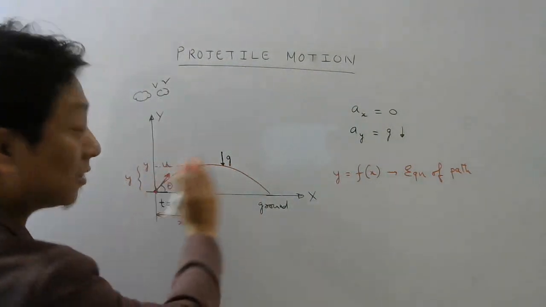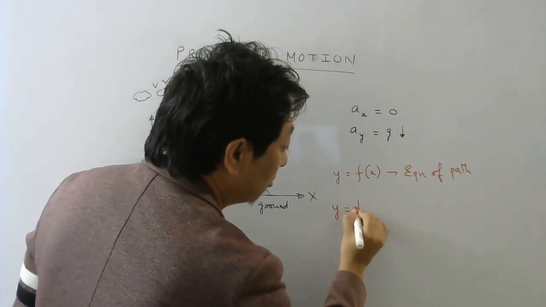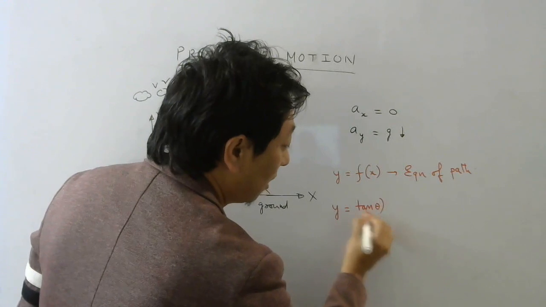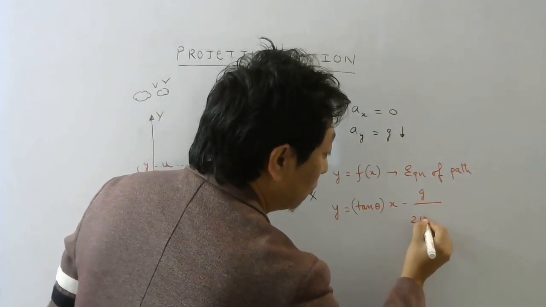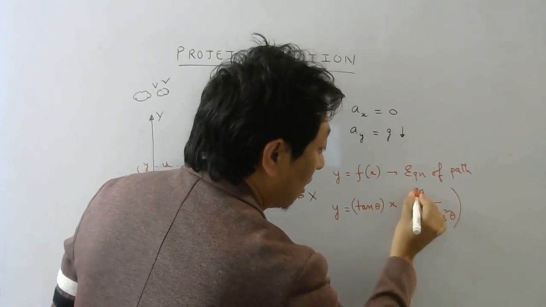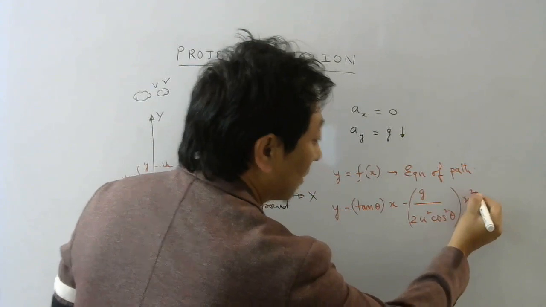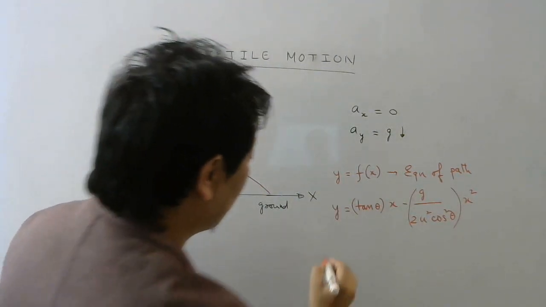Now, for projectile motion, if you do the derivation, you will get y equals tan theta x minus g by 2u square cos square theta times x square. So this is the equation of your projectile.